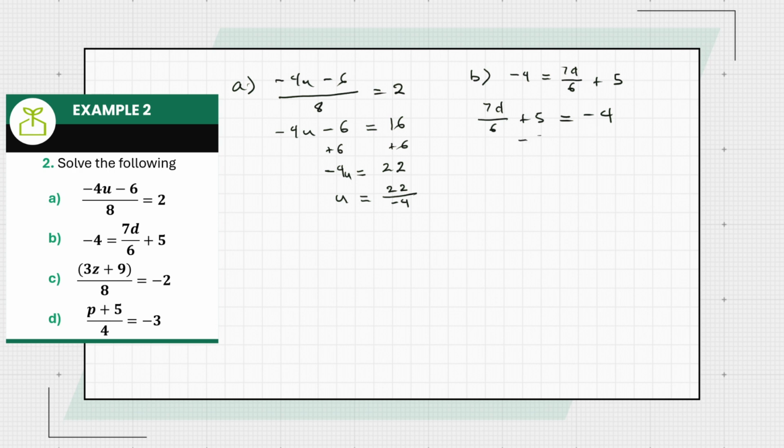So if we take away 5 from both sides, we're left with 7d over 6 is equal to negative 9. If we times both sides by 6, we will get 7d is equal to negative 9 times 6, which is negative 54. Now, if we divide both sides by 7, we get d is equal to negative 54 over 7.